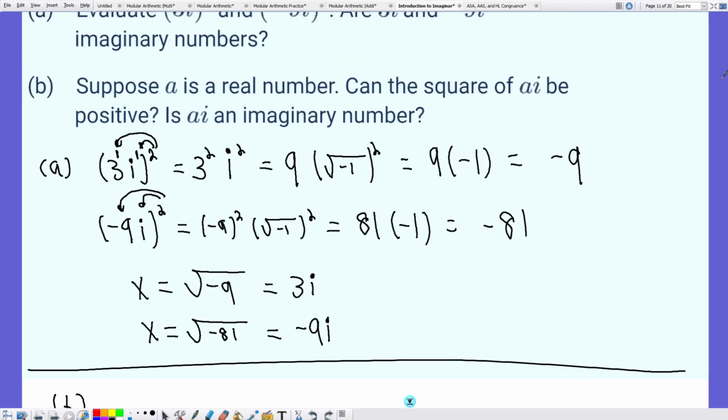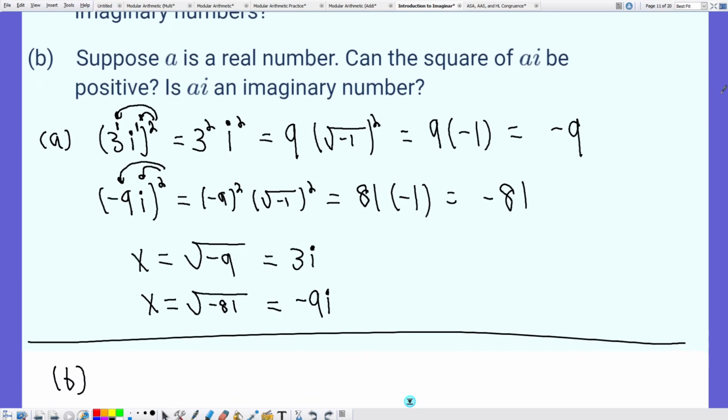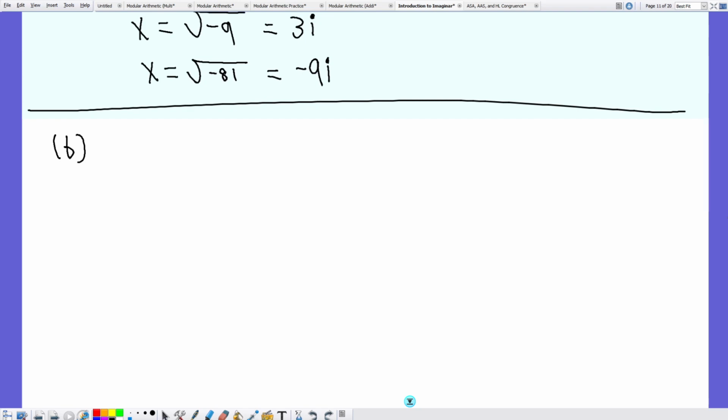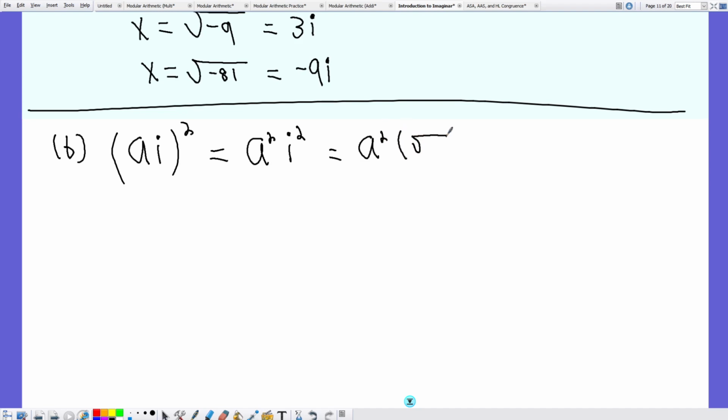So part B asks us, suppose a is a real number, can the square of ai be positive? Is ai an imaginary number? Okay. So let's take a times i, square it, and hopefully it makes sense that we get a squared times i squared, which becomes a squared times the square root of negative 1 squared, which is the same thing as a squared times negative 1, which is negative a squared.